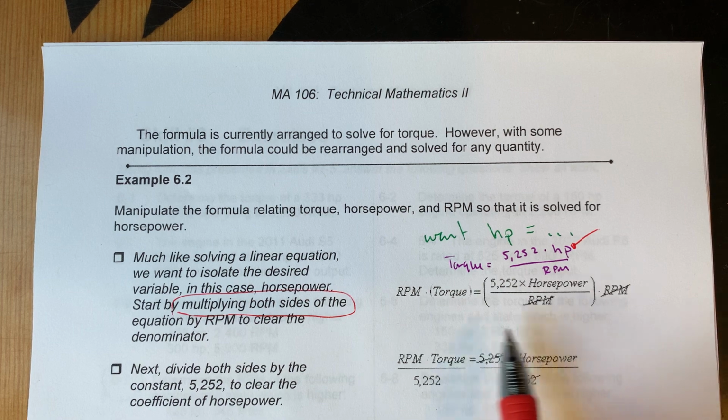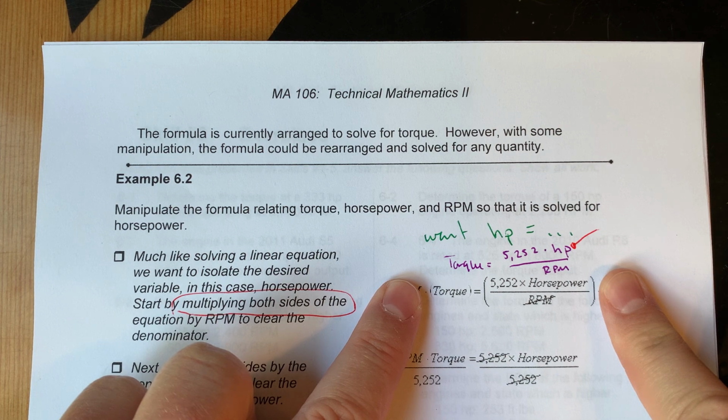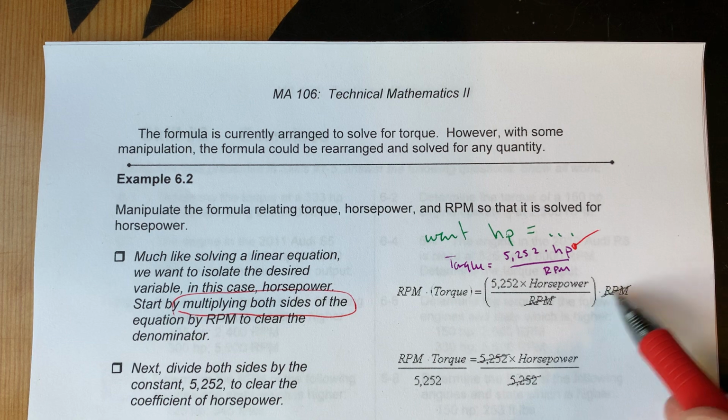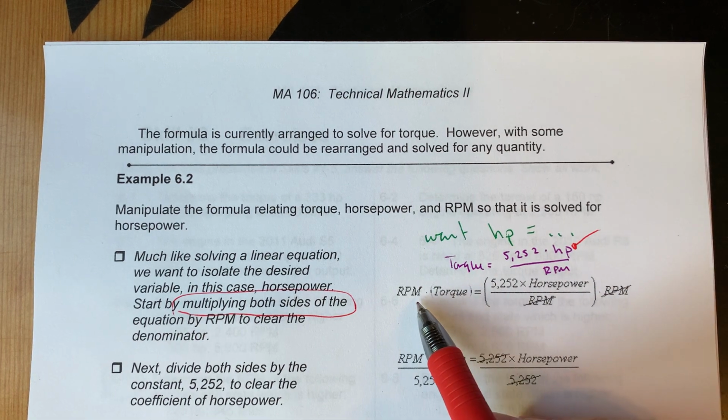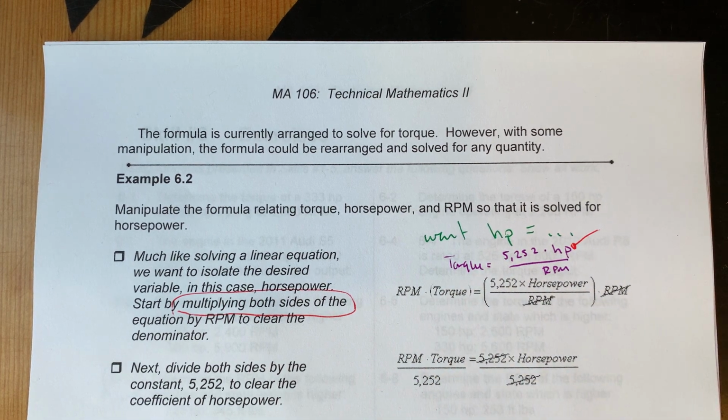So when I do that, you can see here, right, when that RPM is not crossed out, that's just our original formula. So if I multiply both sides by the RPMs, the RPMs here cancel out, and then I gain the RPMs on the other side. You can almost visualize this as cross-multiplying RPMs over from the right side to the left.